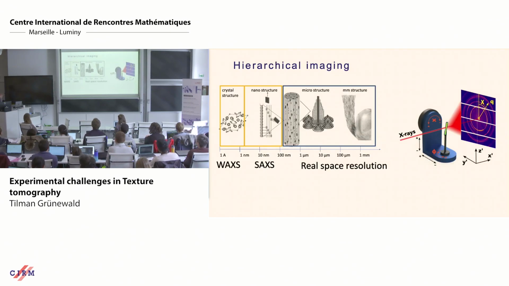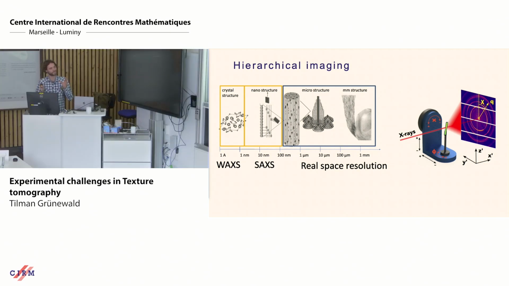First of all, just to get the terminology all straight in our minds, I'm going to talk a lot about hierarchical imaging. What I mean with this is that we basically have a certain field of view, which is how large we scan the sample. We have a certain step size resolution that comes from the size of the X-ray beam.